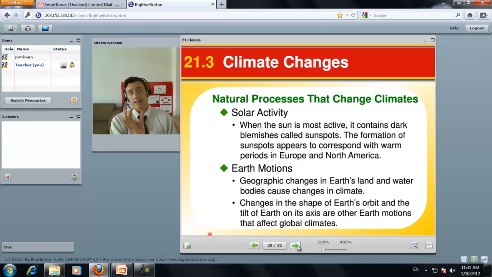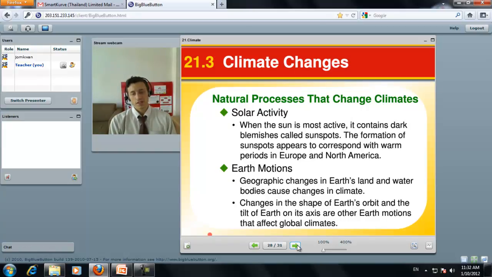And so when that magnetic field twists more and more, we end up seeing these dark spots on the sun called sunspots. It's almost like a short circuit in the sun's magnetic field. But this can actually affect the weather here on Earth. The formation of sunspots appears to correspond with warm periods in Europe and North America.